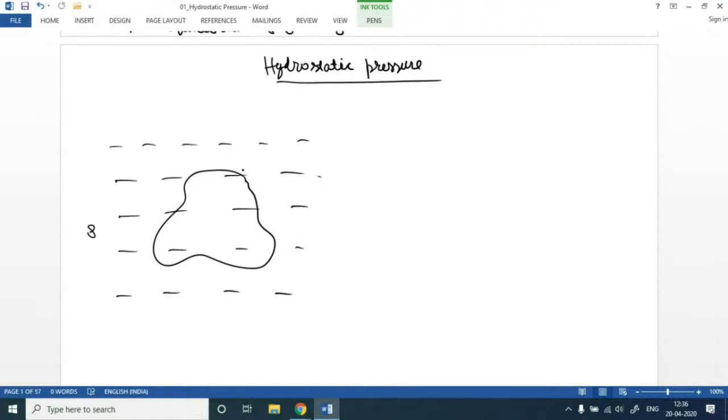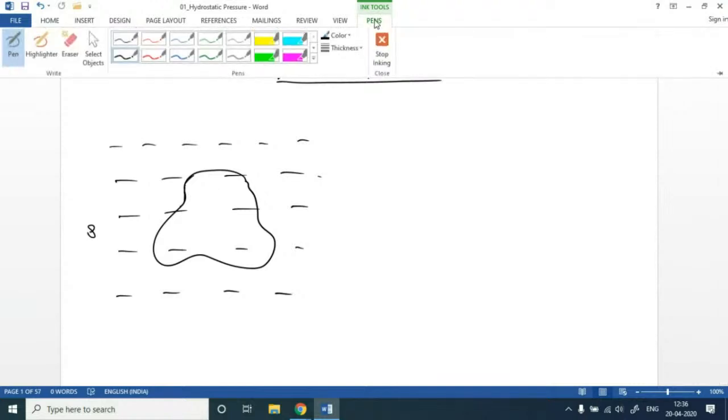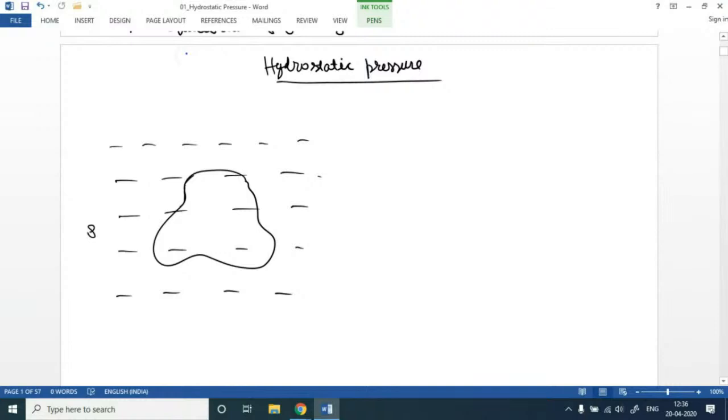At this boundary over here, the liquid will be in contact with this body. So here the liquid will apply a contact force, and this contact force will mainly be compressive in nature. The liquid will exert compressive force from all around on this body.